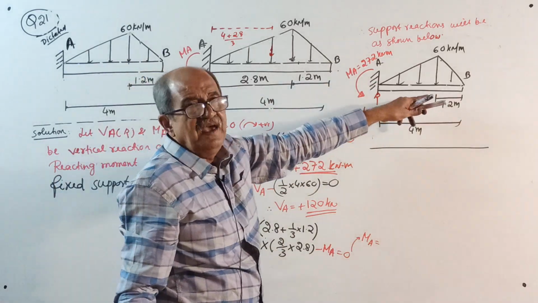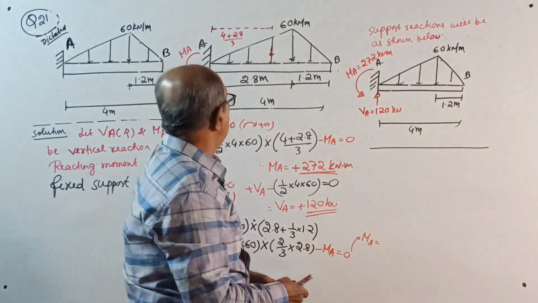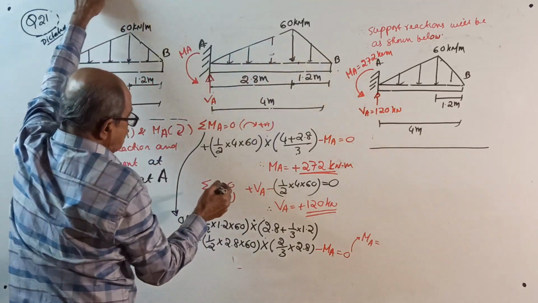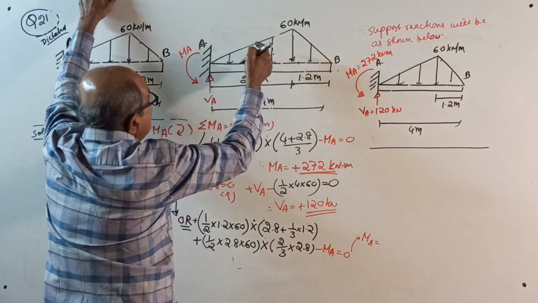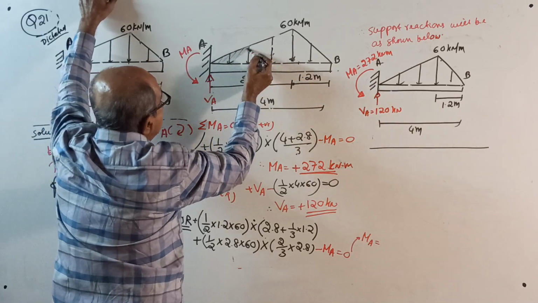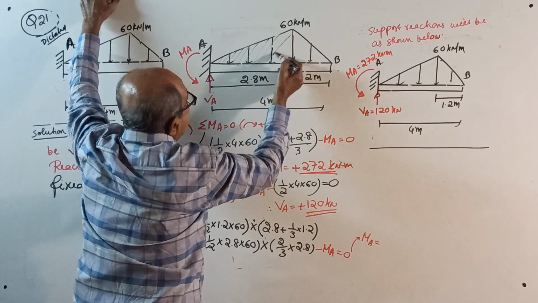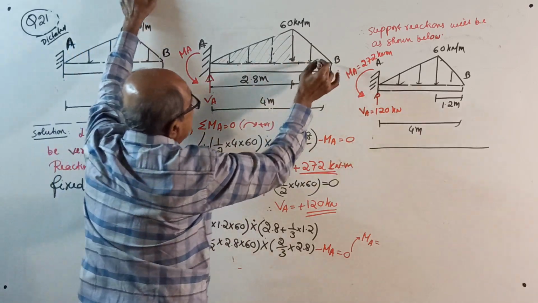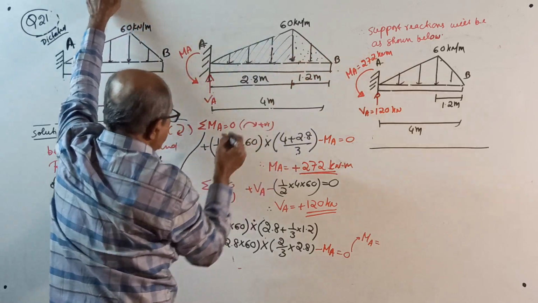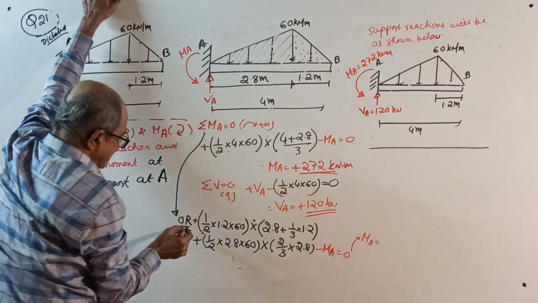Then enter the answer. Now, those who find difficulty with this one, draw one more sketch like this. One right angle triangle here, one more right angle triangle. For them, right this way.